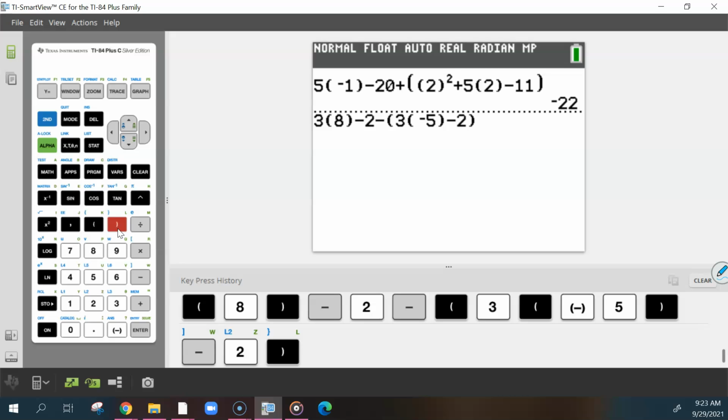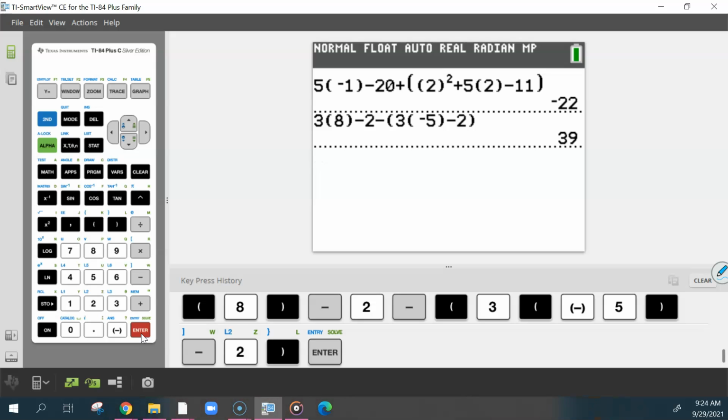It looks something like that when you put it in. And we got 39. If you put in a negative somewhere instead of a minus, make sure all of these signs are minus, minus, minus, negative, minus. So all the minus is negative 5.